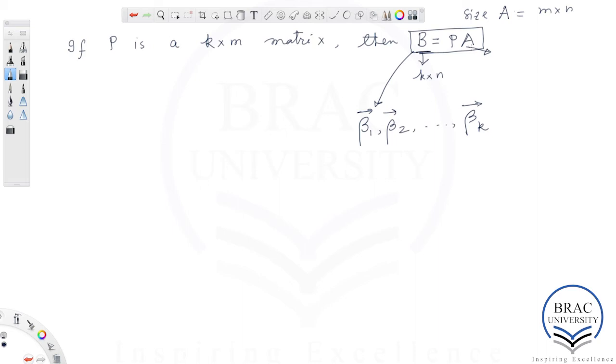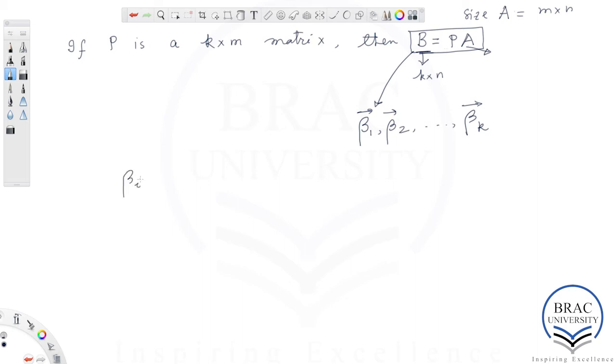where in the linear combination the coefficients are going to be entries of this former matrix P. So let me write it for you.